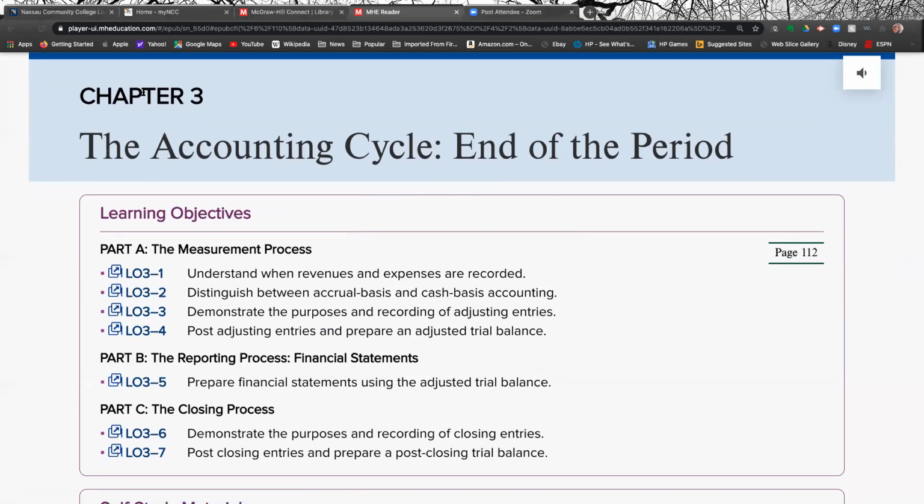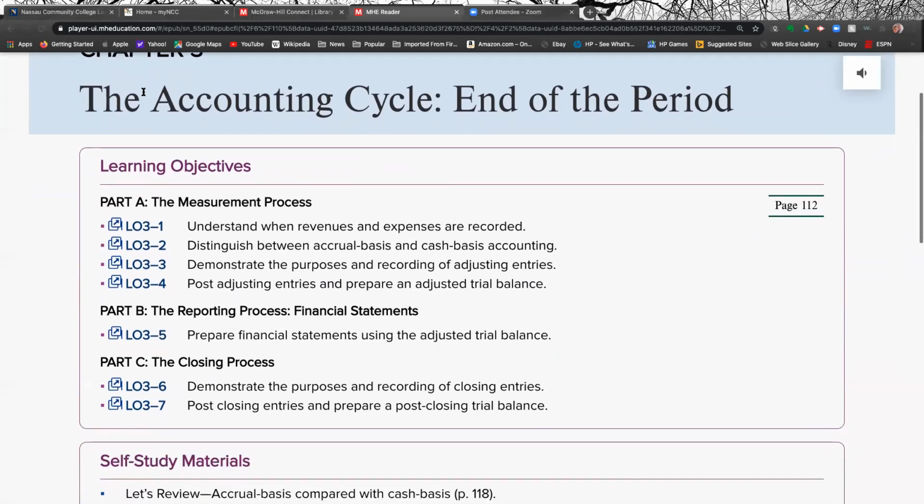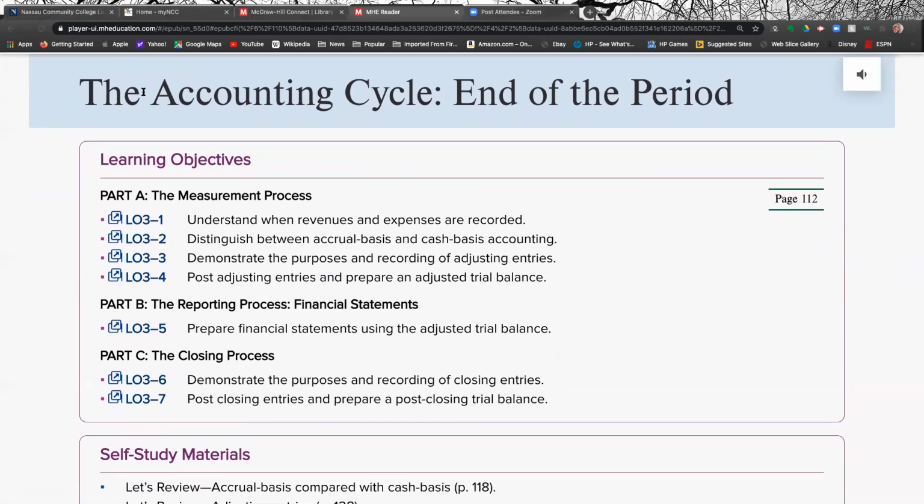Well, when is it an expense? In September when you use the phone, or in October when it gets paid? It's an expense in September when you use the phone. So in a case like that, you would have to debit an expense and credit a liability. Debit telephone expense, credit accounts payable, for example.